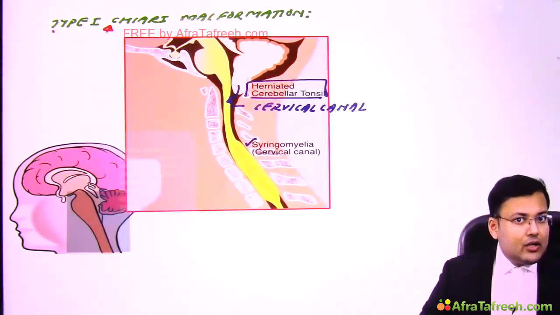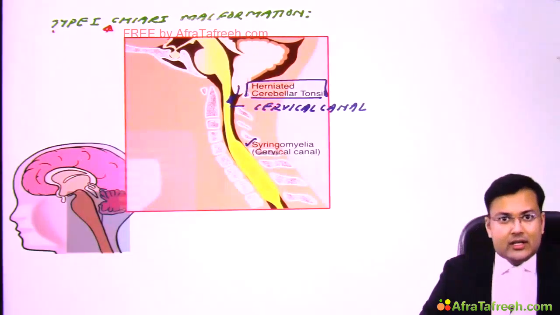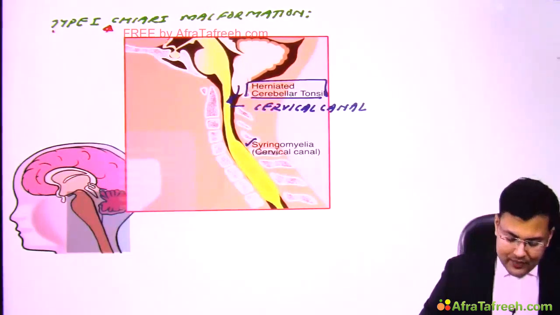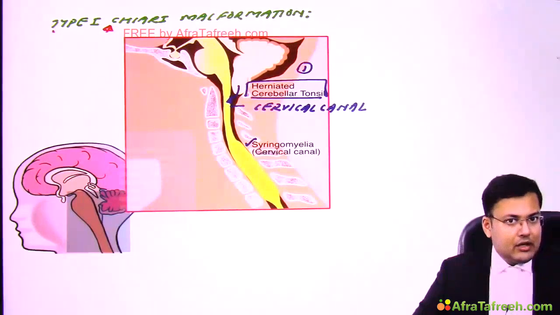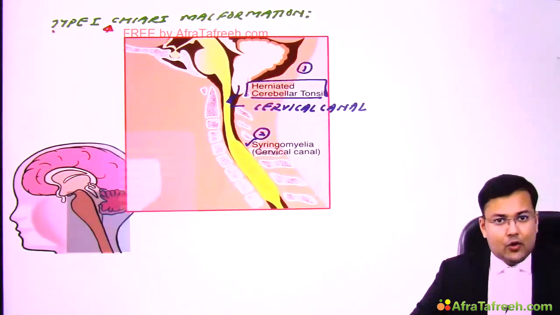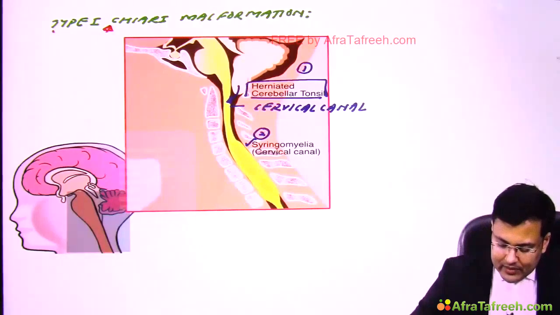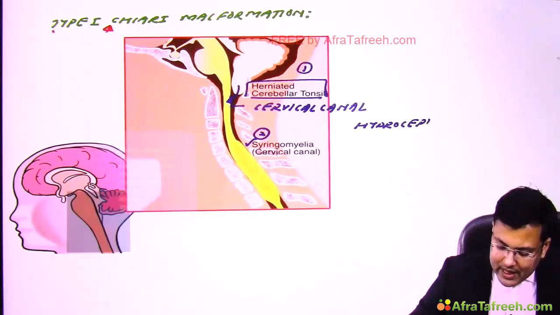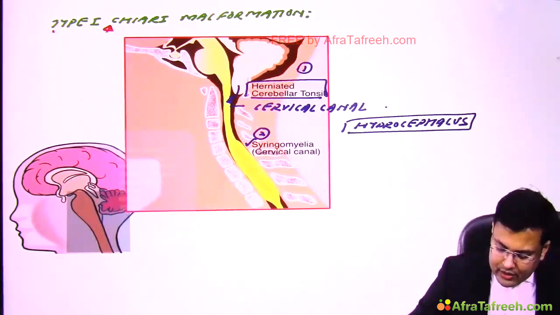But in adolescence or in adulthood, symptoms are going to appear. Important points: first, herniated cerebellar tonsil into cervical canal. Second, syringomyelia of cervical canal. And third, hydrocephalus is absent. It is not associated with hydrocephalus.